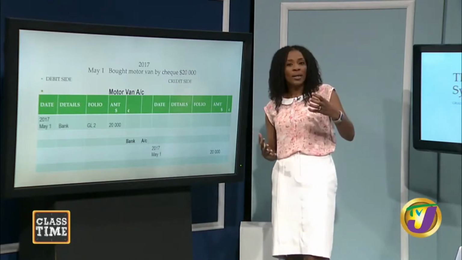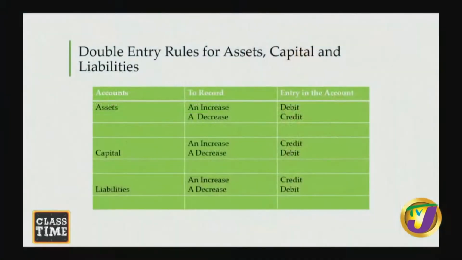We will be going into looking at the double entry for each of these groups. I want you to take a screenshot of what's on the board, because we'll be using this to make double entries for assets, capital, and liabilities. Take a screenshot.